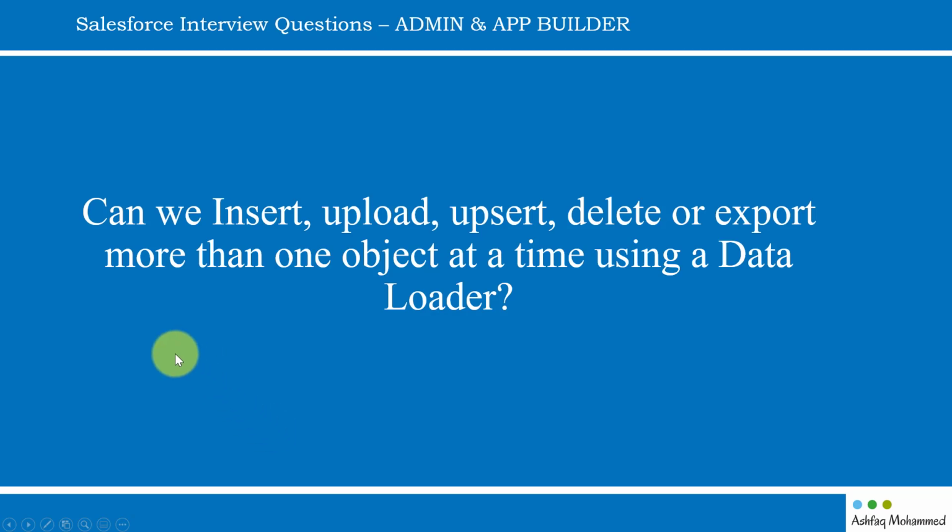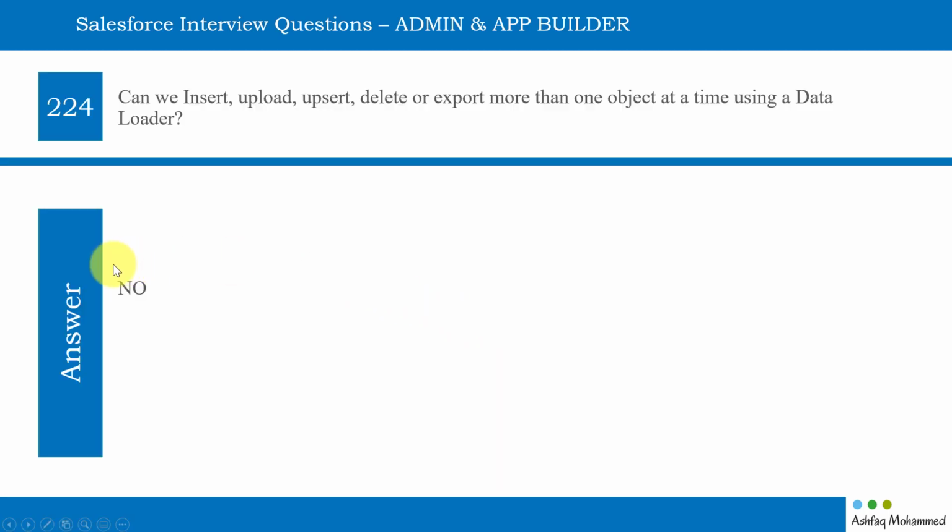The next question is, can we insert, update, upsert, delete, or export more than one object at a time using the data loader? Let's see. No, basically we cannot. I'm not sure if you observed that whenever I showed you the screens for insert, or maybe export also, we got the option to select the object.